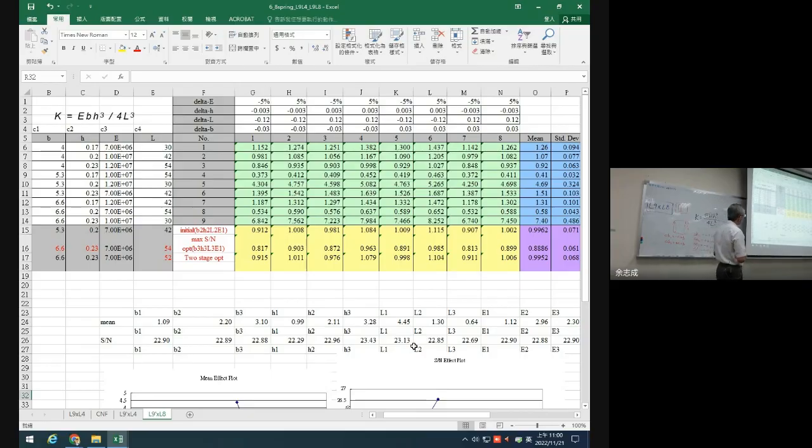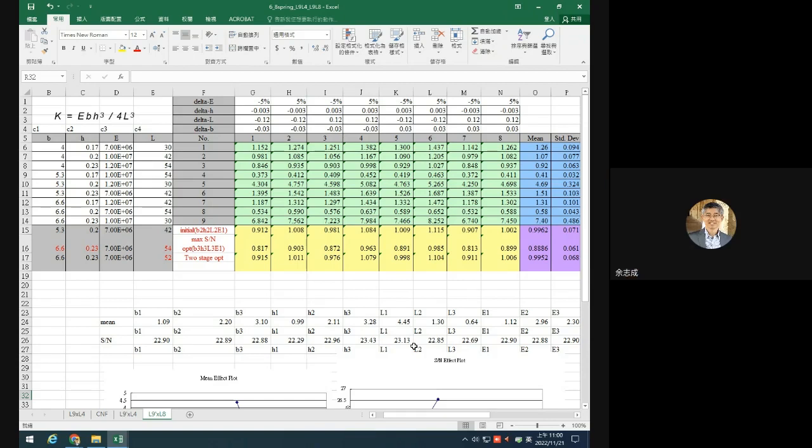This is an example we worked on 2 weeks ago. In this example, we consider 4 noise factors, including delta B, H, L, and E. Since we consider 4 noise factors, L4 is not big enough, so we need to go to L8.